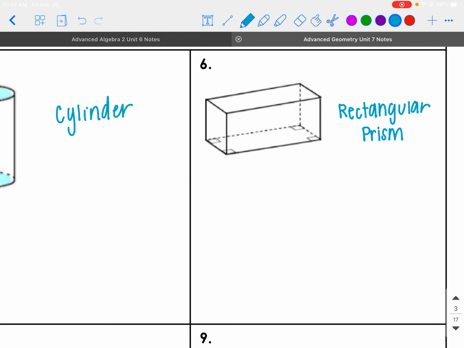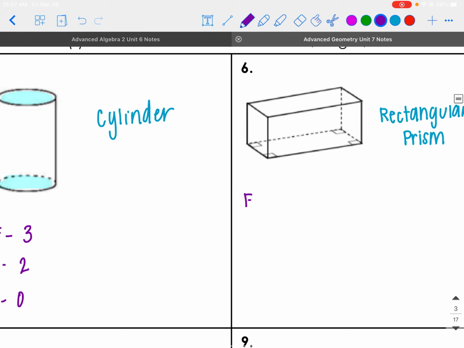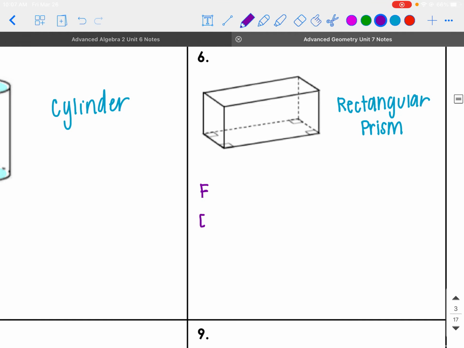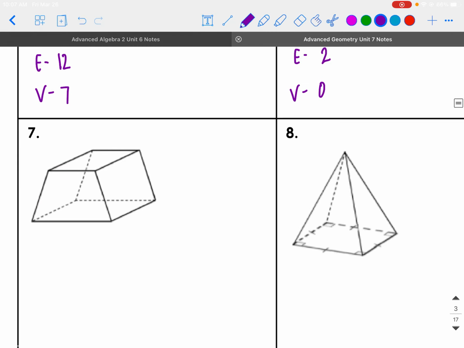Top and the bottom, the left and the right side, they're all parallel and identical. But we still call it a rectangular prism. It has 6 faces, 12 edges, and 8 vertices.